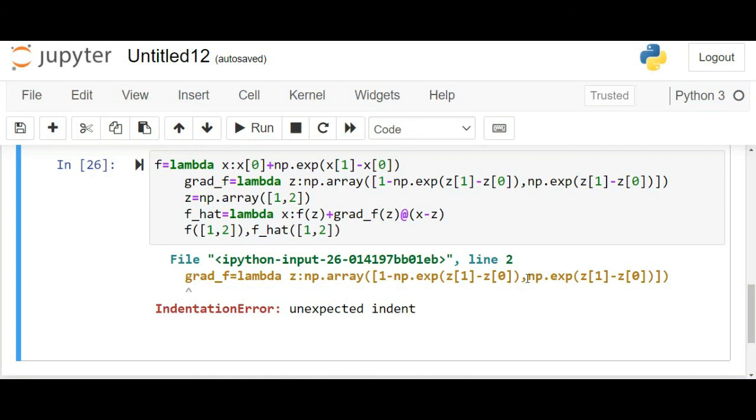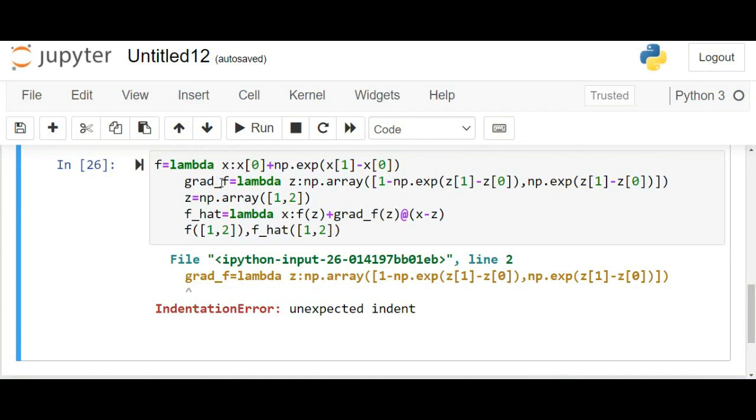So this is a little lengthy code, and maybe we made a mistake somewhere. Np.exp of z1 minus z naught, comma np.exp of z1 minus z naught, np.array.